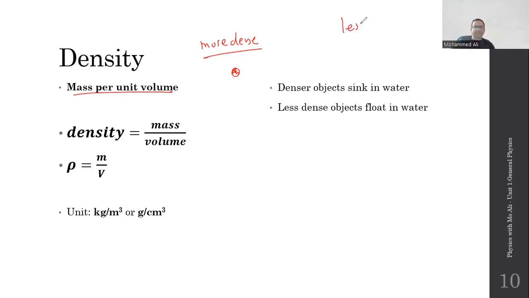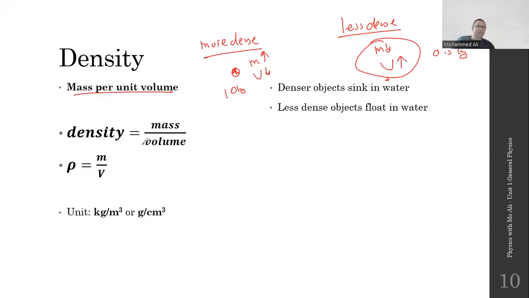The less dense an object is, the bigger but lighter it'll be. So this could be a 10 kilogram dumbbell, whereas this could be a half a kilogram balloon. So the more dense something is, the more mass it'll have and the smaller the volume. The less dense it is, the less mass it'll have and the larger the volume.